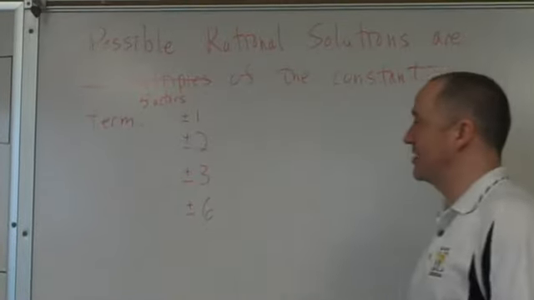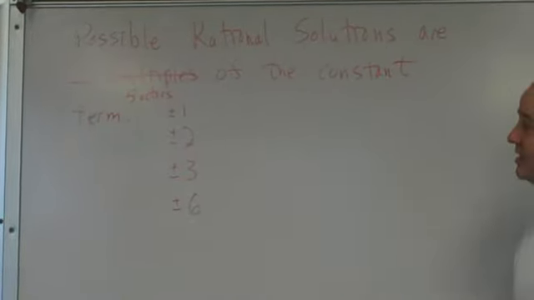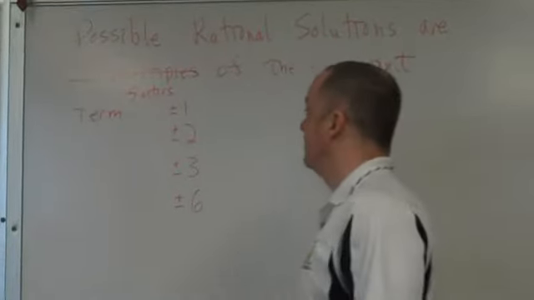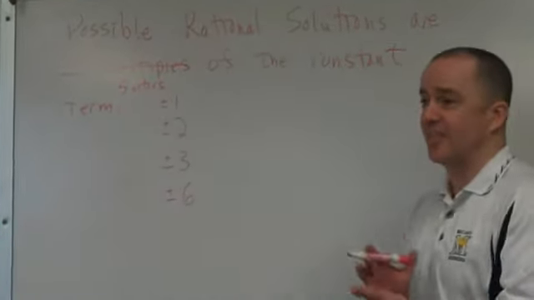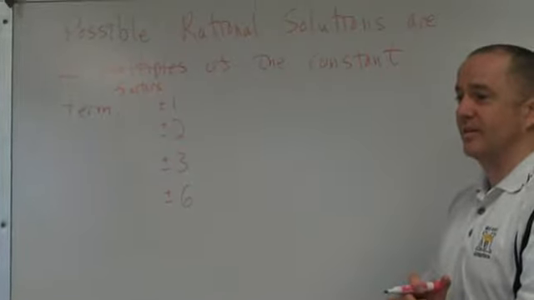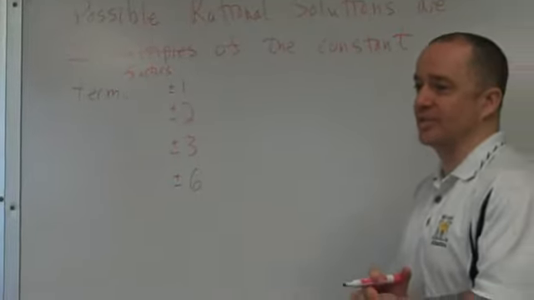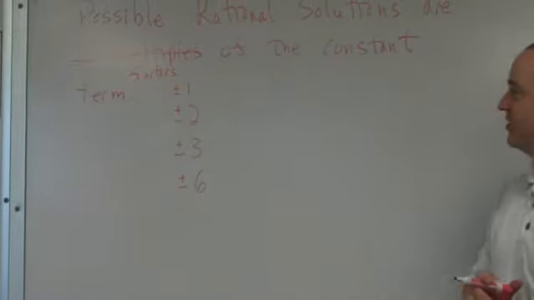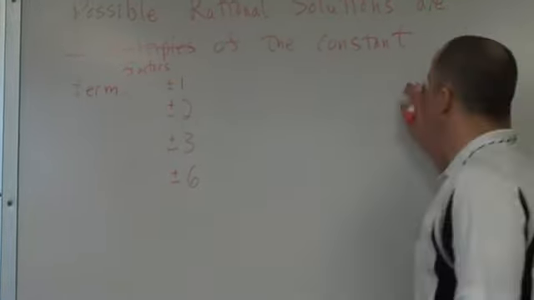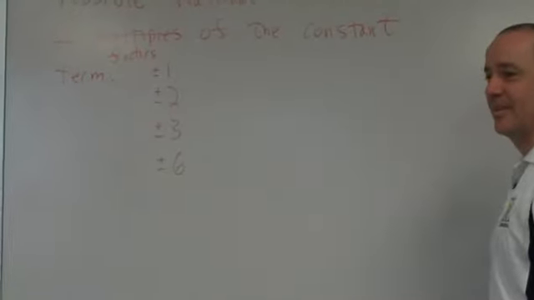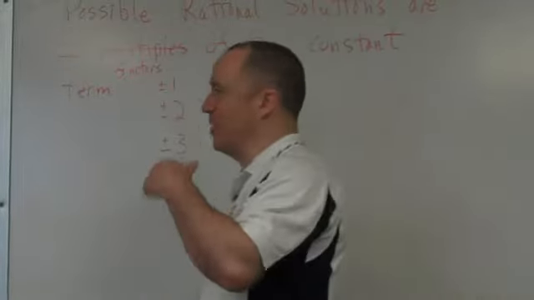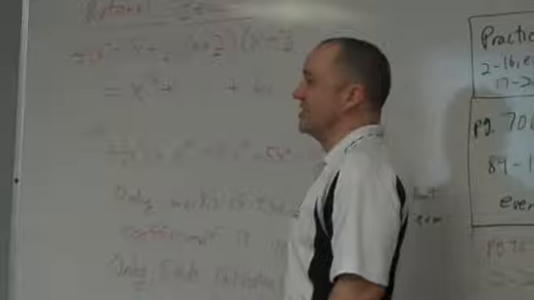Either way, it's all the things that can possibly multiply evenly into positive or negative 6. I thought you meant things like 12, 36, 18, 24? That's why I said all. Excellent, factors is the right word. And that's the reason I had asked earlier if all of them were a possibility, because that would be an infinite number. It's not. It's just the things that can multiply into your constant term.